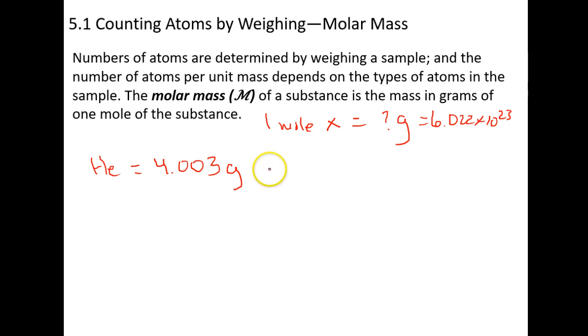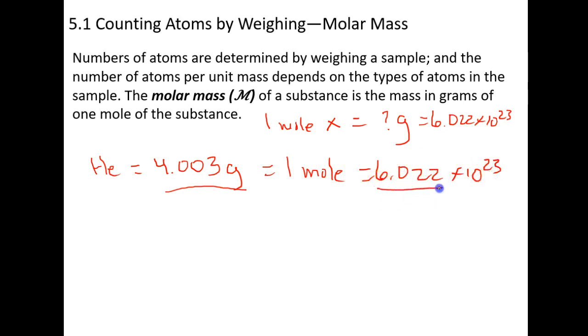So how many atoms do you think weigh 4.003 grams? Well, if you said a mole of atoms, then you are correct, which is 6.022 times 10 to the 23rd. So if I were to count out this many helium atoms, we would call that a mole, and this is how much it would weigh. This many atoms, Avogadro's amount of atoms, weighs 4.003 grams.